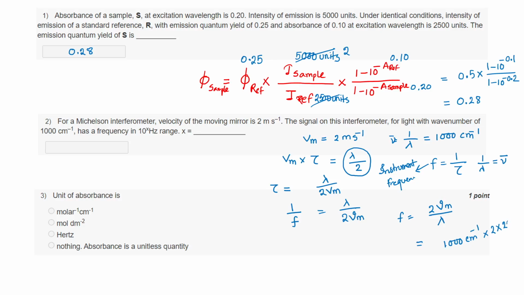So 2 meter would be 200 centimeter per second, right? So it would be something like 4 into 10 to the 5 second inverse, that is Hertz. So X is 4 into 10 to the 5.